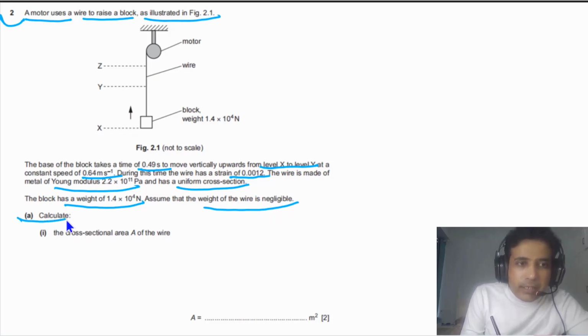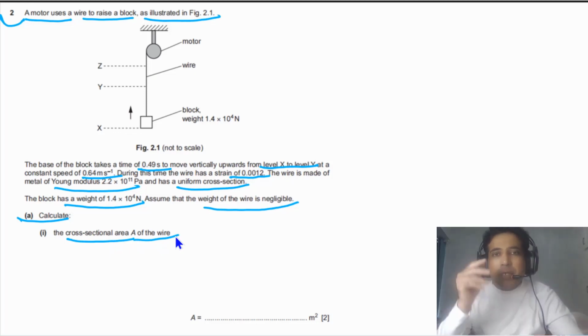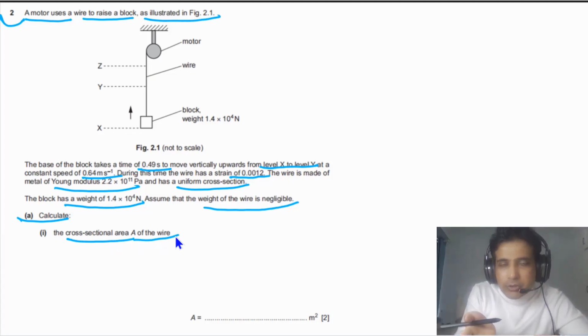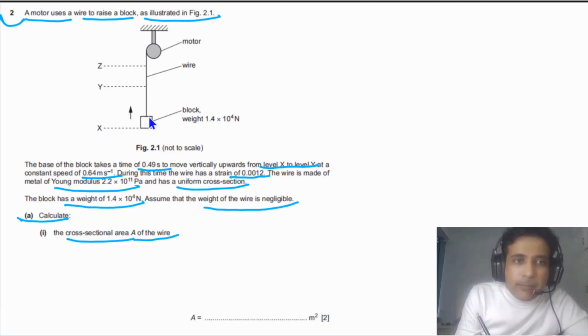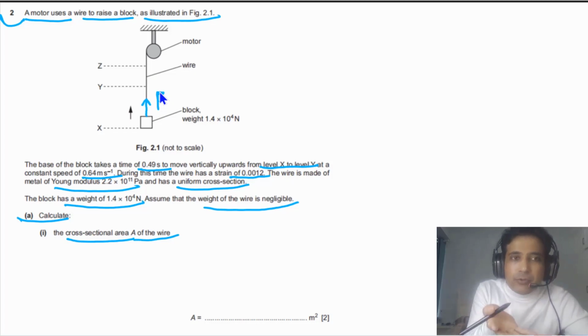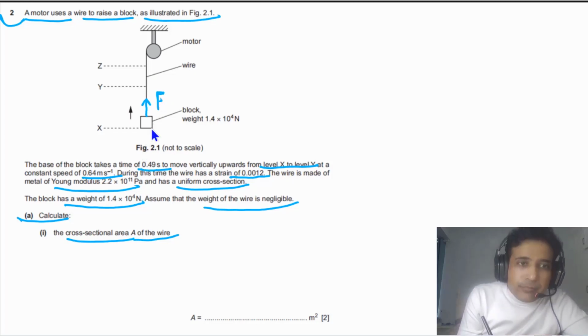For part A, we need to calculate the cross-sectional area A of the wire. First, we need to understand that the block is moving at a constant speed. As the block is moving at a constant speed, it simply means that the net force on this block is equal to 0. If we assume force F is acting vertically upwards, this is the force provided by the motor, then the force acting downwards is the weight, and weight and F have to be equal.